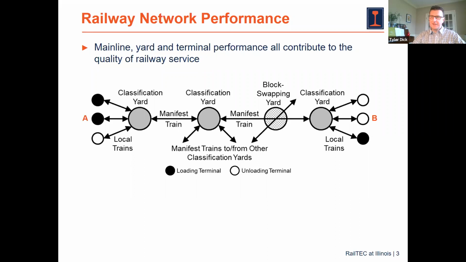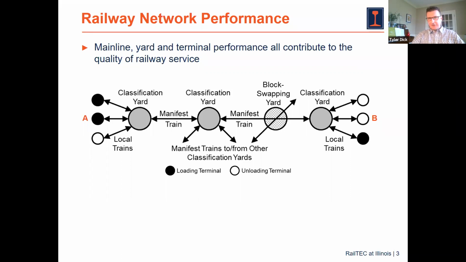We have a local train that transports that shipment to a classification yard, where it's sorted into a block that then moves on a manifest train, and that manifest train that carries rail cars for different ultimate destinations may visit several different classification yards or a block swapping yard on the way to a final classification yard near its destination, whereupon it's sorted again and then makes a connection to a local train, which ultimately delivers that rail car to its final destination.